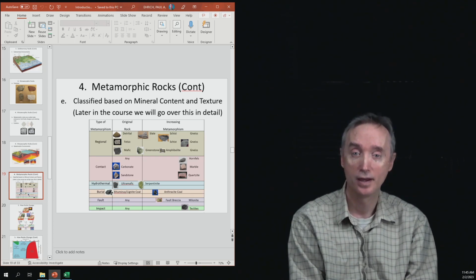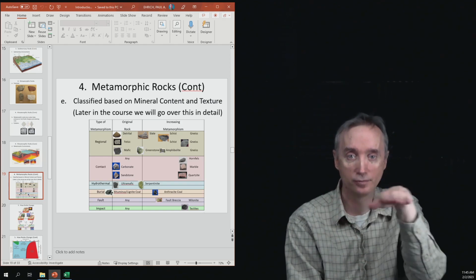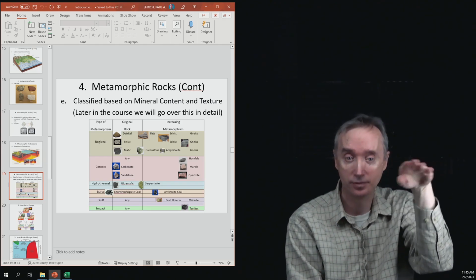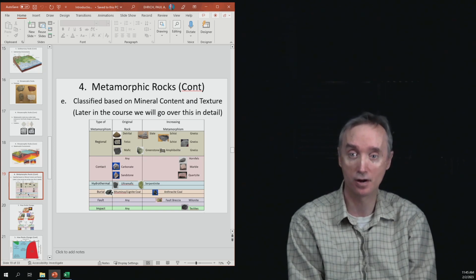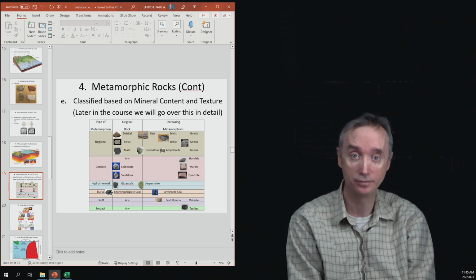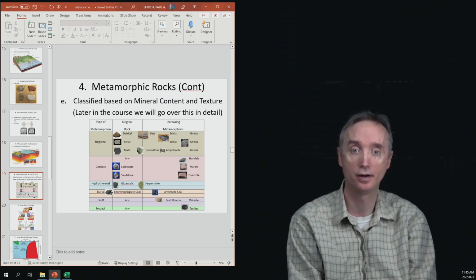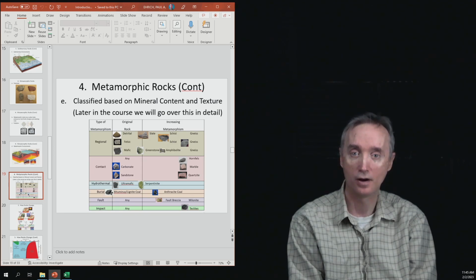So does it have those bands, those foliation things where the crystals are oriented, or does it not? That would be one kind of texture. And then if you notice there, you have different kinds of minerals inside different kinds of metamorphic rocks.